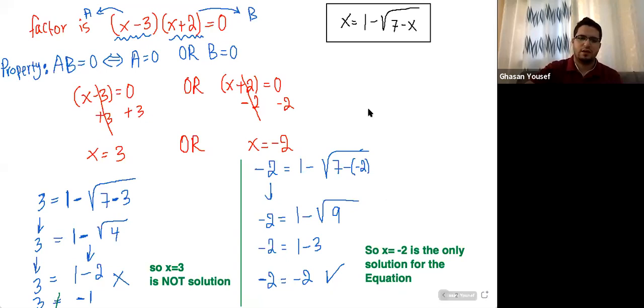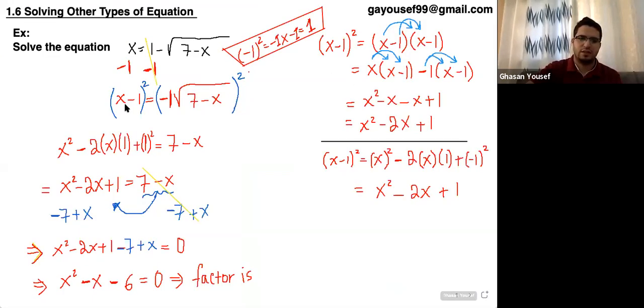Okay, in this slide, I wrote this one to explain the meaning of x minus 1 square. x minus 1 square is the same as x minus 1 times x minus 1.